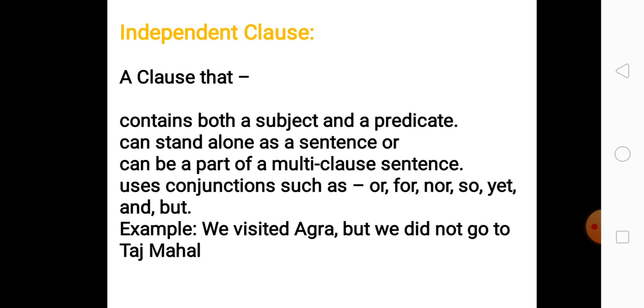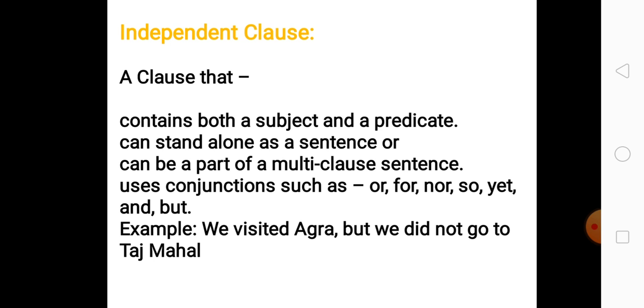It uses conjunctions such as or, for, nor, so, yet, and, but. So with the help of these conjunctions, two independent clauses can be joined. For example, suppose the sentence is: We visited Agra, we did not go to Taj Mahal.